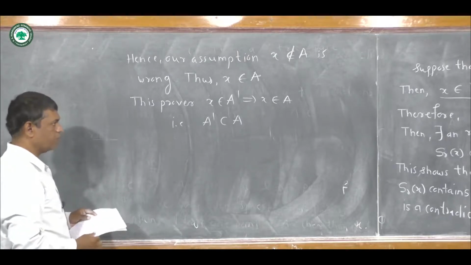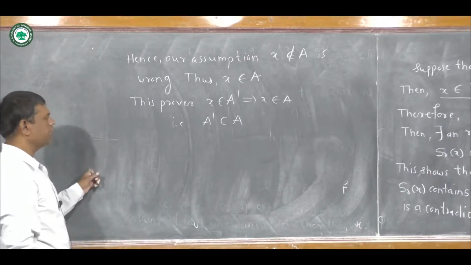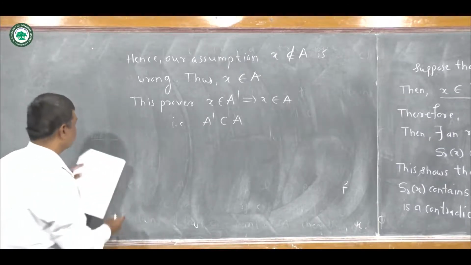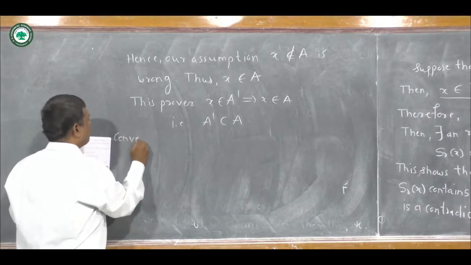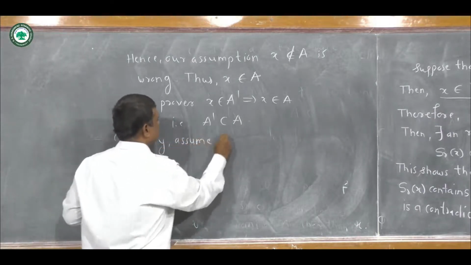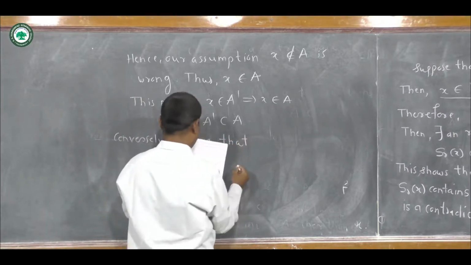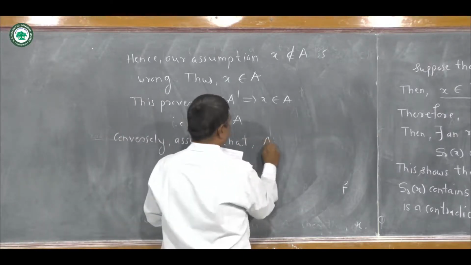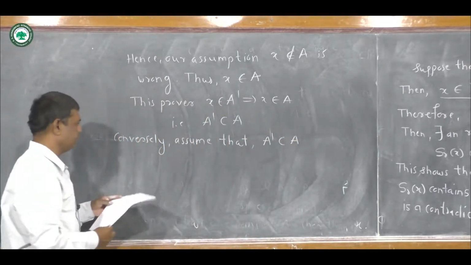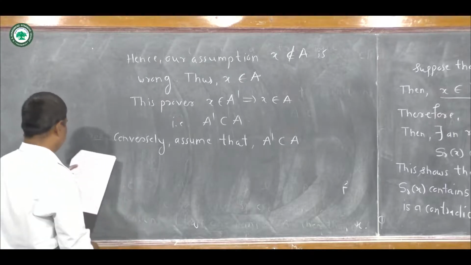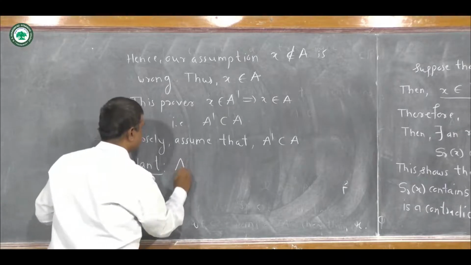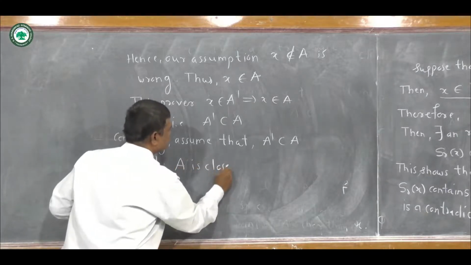Now in the converse part, we are going to assume that if A' is contained in A, then set A is closed. So conversely, assume that the set of limit points of set A is contained in A. Now we want to show that set A is closed.